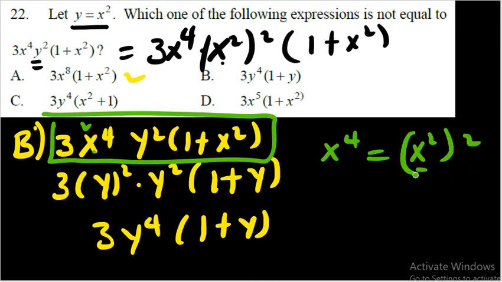The reason is that we know that x squared means y. That's why I wrote it in this form. Therefore, y is replaced in place of x squared, then the square is there. So y squared times y squared will be y to the power of 4. So 3y to the power of 4, again the inner part here, what you see, it says x squared. So it is replaced by y. So B also is correct.